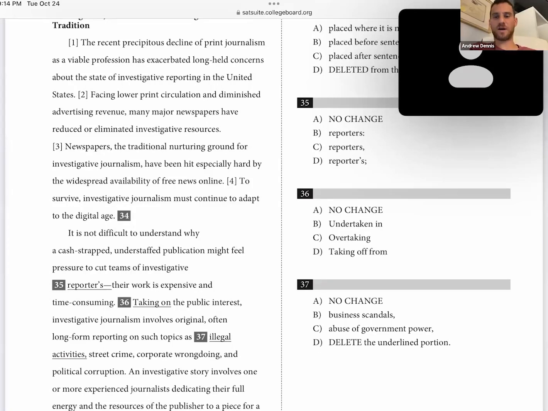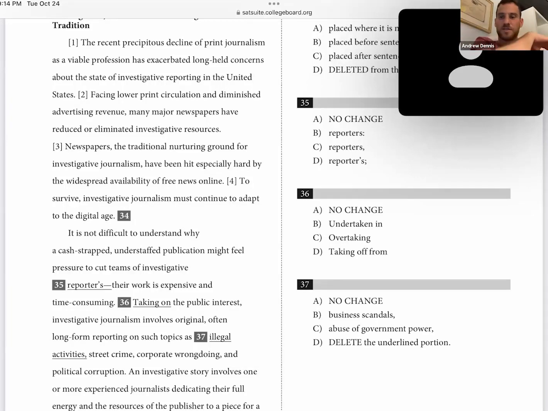Is it repetitive? I say delete "illegal activities." Yeah, delete it, because they're all illegal activities. And business scandal, abuse of government power, and illegal activity are already covered by street crime. So it's just repetitive. Such topics as street crime, corporate wrongdoing, and political corruption.